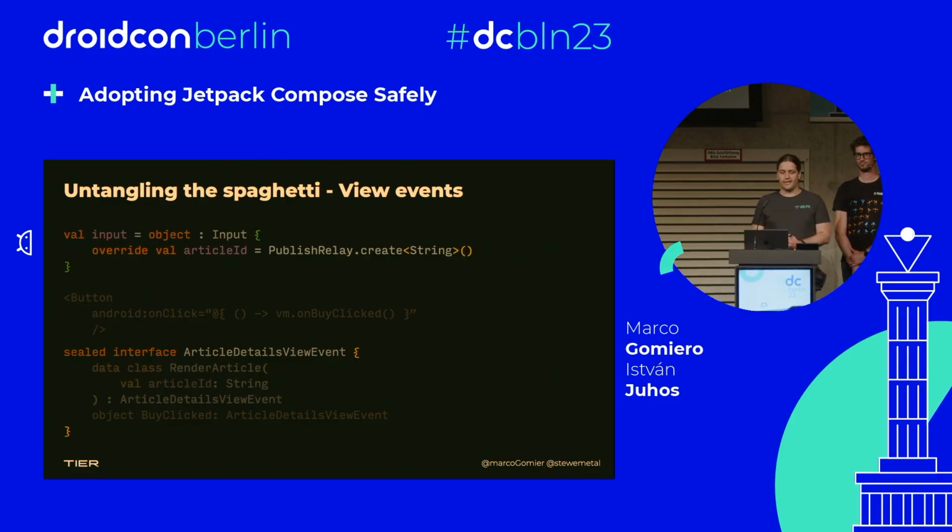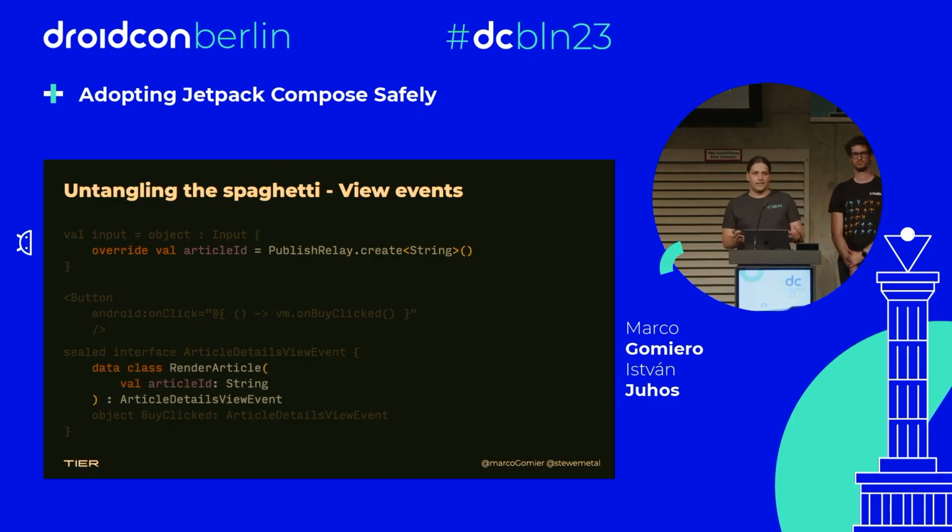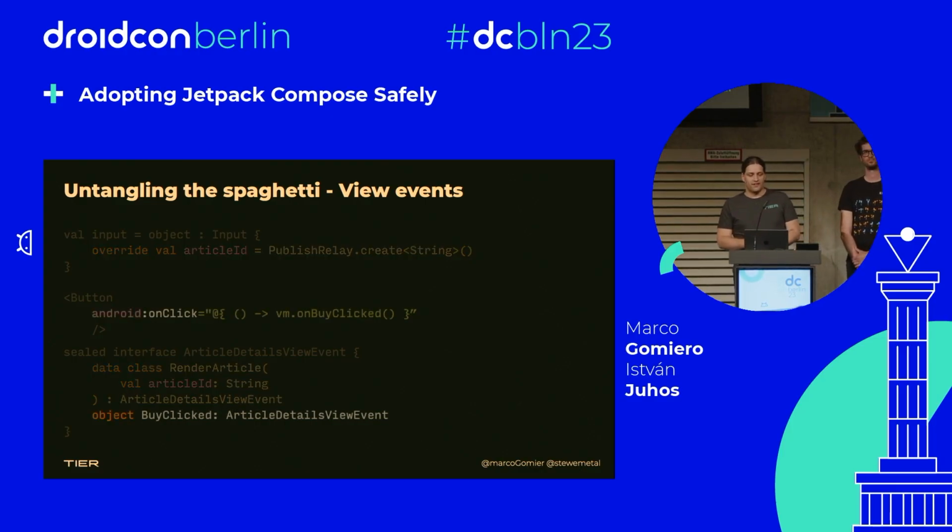These could be anything. For example, if you open a screen and that screen received some data in an intent, like the article ID to load in a detail screen, we could represent it as part of a sealed hierarchy of events. For the other part, when the events came from XML and data binding, we could just create another event. And this looks much better than what we had before.